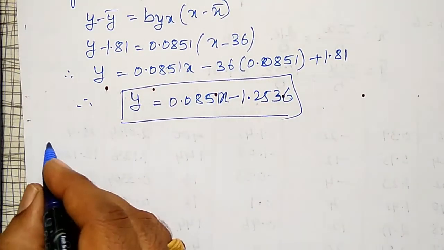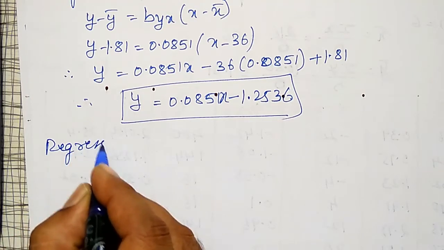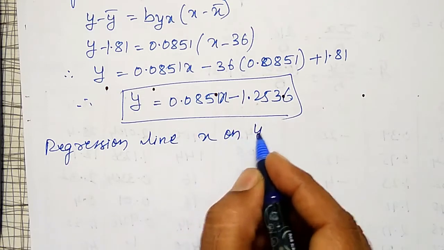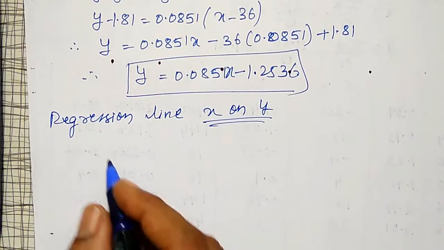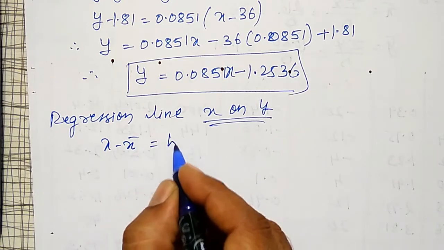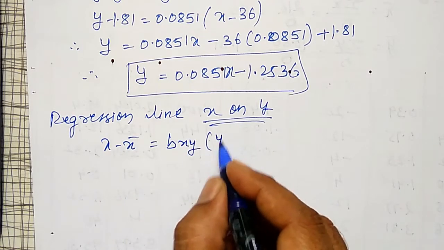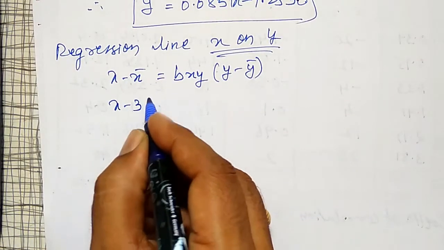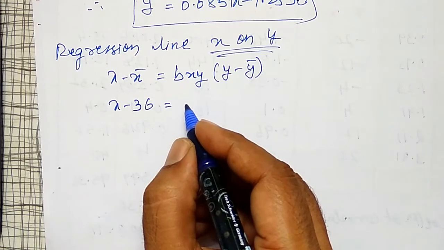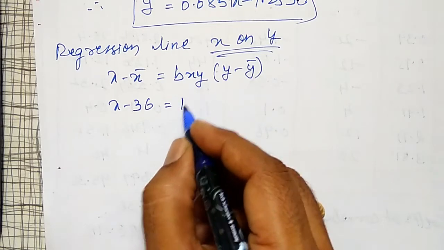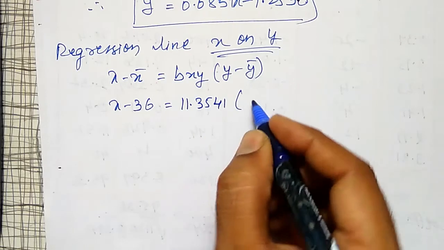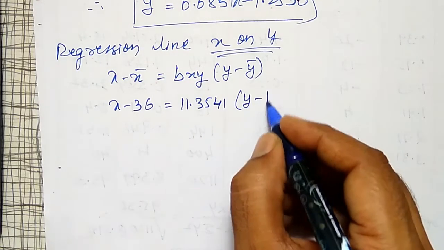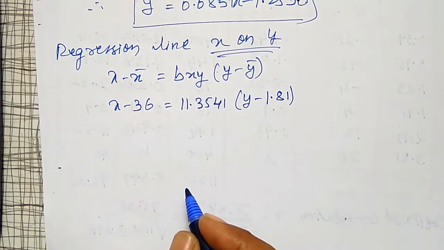Similarly, the regression line x on y is x minus x bar equals bxy into y minus y bar. Therefore x minus 36 equals bxy, which is 11.3541, into y minus y bar, where y bar is 1.81 as previously calculated.